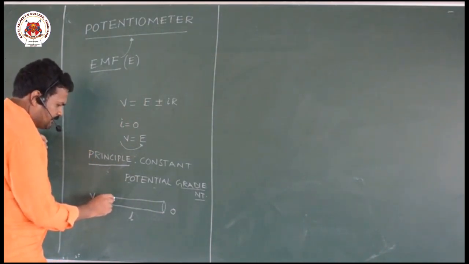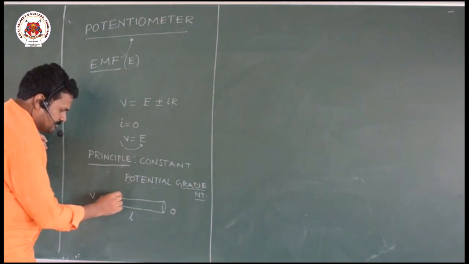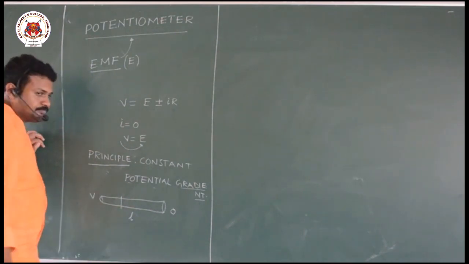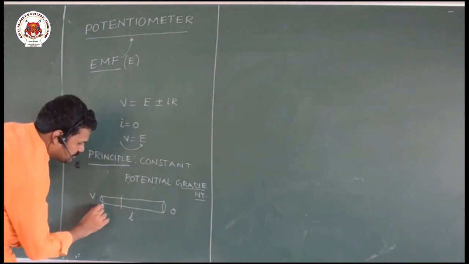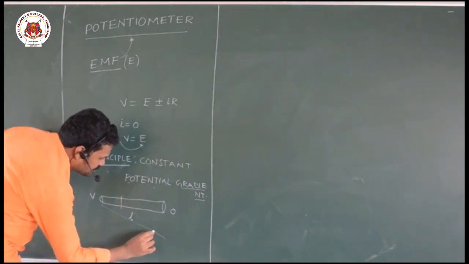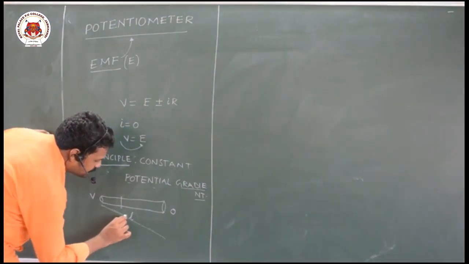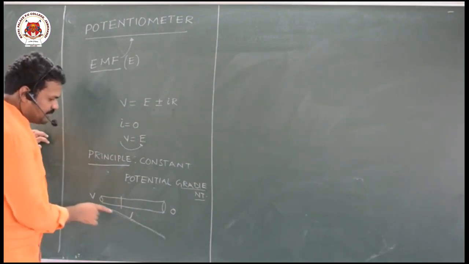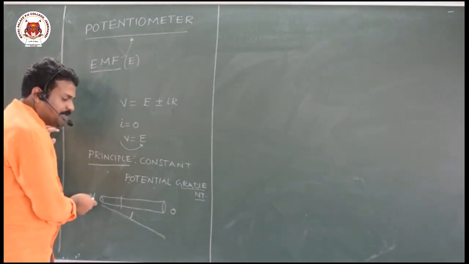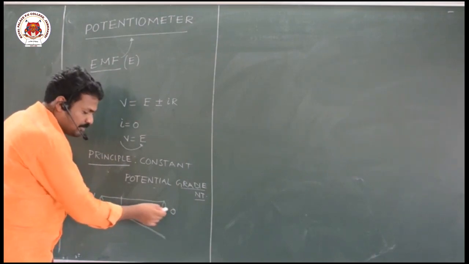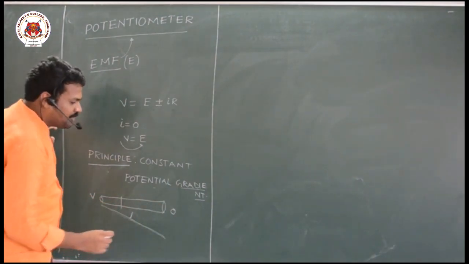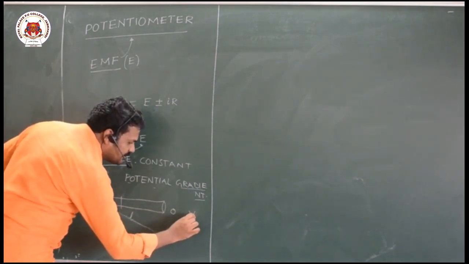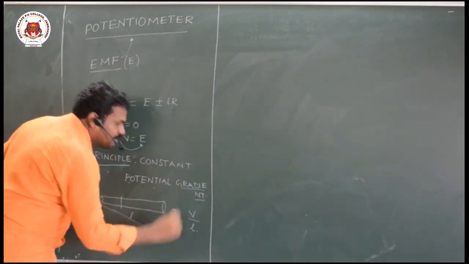If you consider some part of the wire, here the potential is V, and it is continuously decreasing and approaching 0. Potential is continuously decreasing as the length progresses. That potential difference per unit length is called potential gradient.